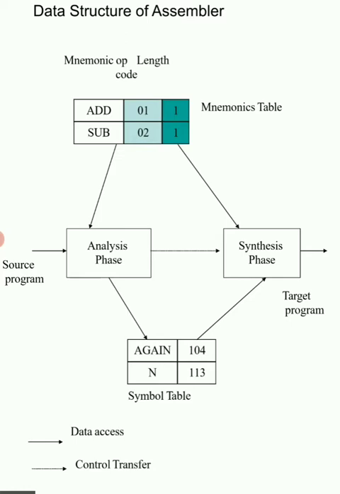If we write a program for addition, we can write x equal to y plus 3, but we can't write x equal to y plus star 3. We are supposed to follow the syntax for addition, subtraction, multiplication, whatever the syntax is, we use that only.